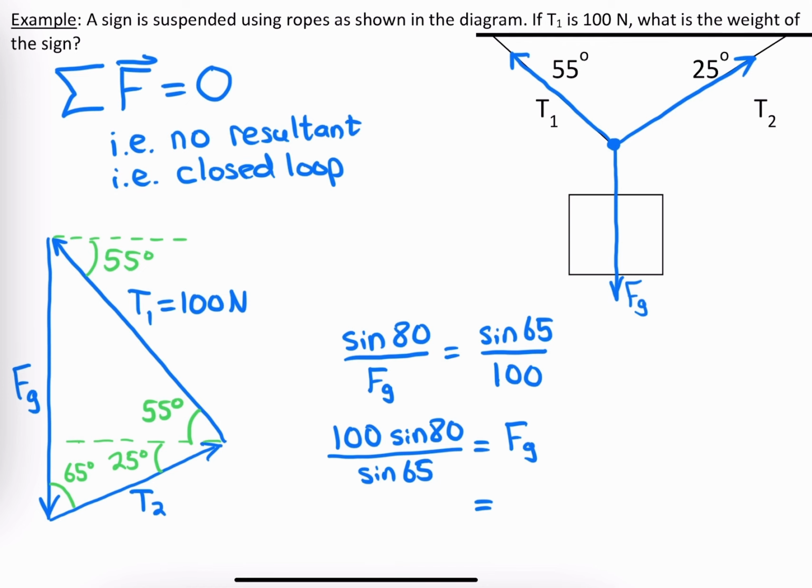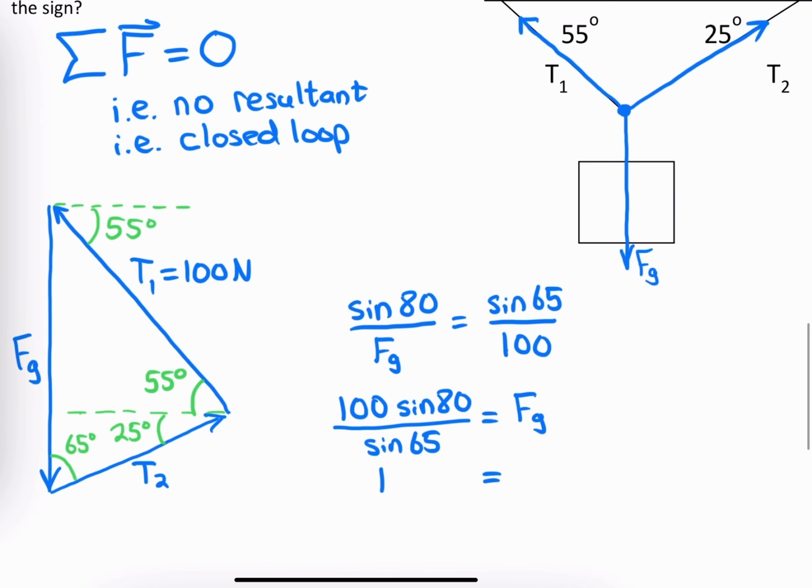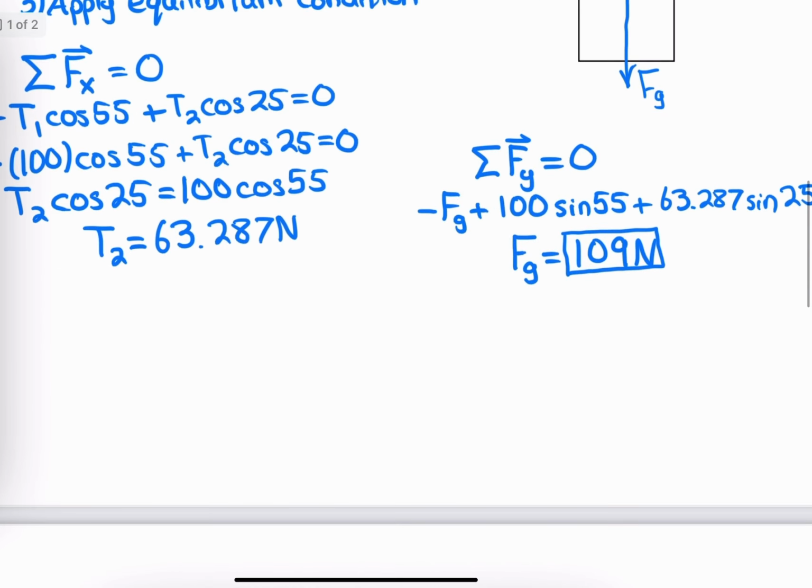And if I round that to 3 sig figs, I get exactly 109 newtons for FG, which I'll remind you is exactly the number we got before when we solved this using components.